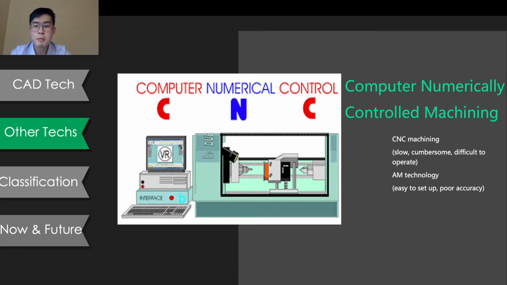So for geometry that can be machined using a single setup orientation, CNC machining is often the fastest method. For parts with complex geometry, which require a large proportion of the overall material volume to be machined away, AM can be used to produce the part more quickly and economically than CNC.